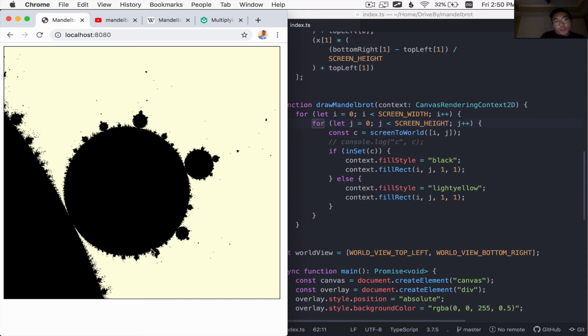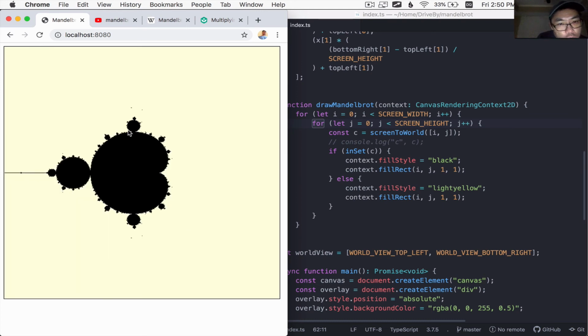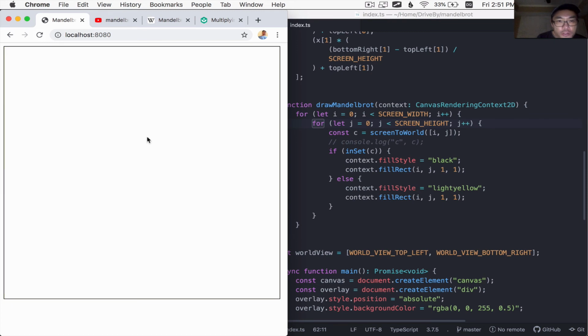But something that's really incredible about the Mandelbrot set is the amount of diversity of patterns it has. If you zoom into the edges of this shape, let's do here, we actually get a lot of diversity of patterns.